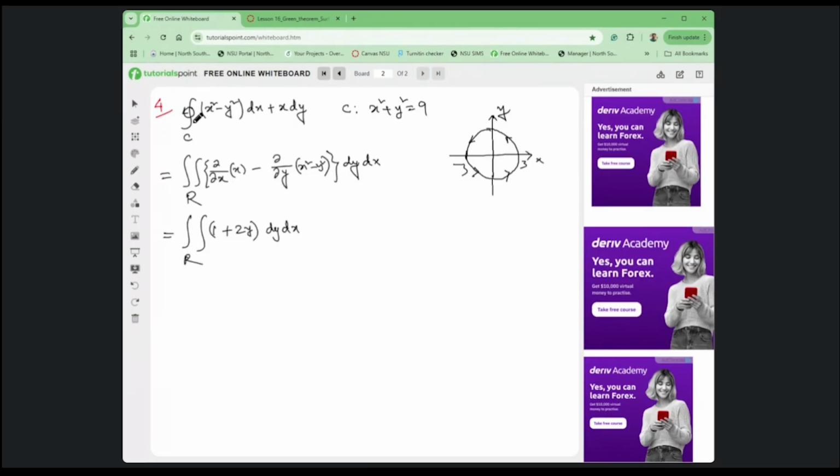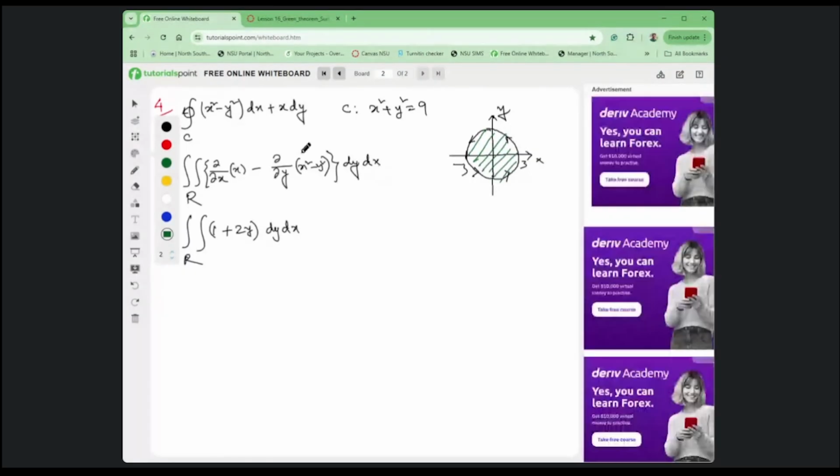Now, this R is what? This R is the circular region. That indicates we are suggested to complete this integration in polar coordinates. To do so, 1 plus 2y means 1 plus 2r sin theta.